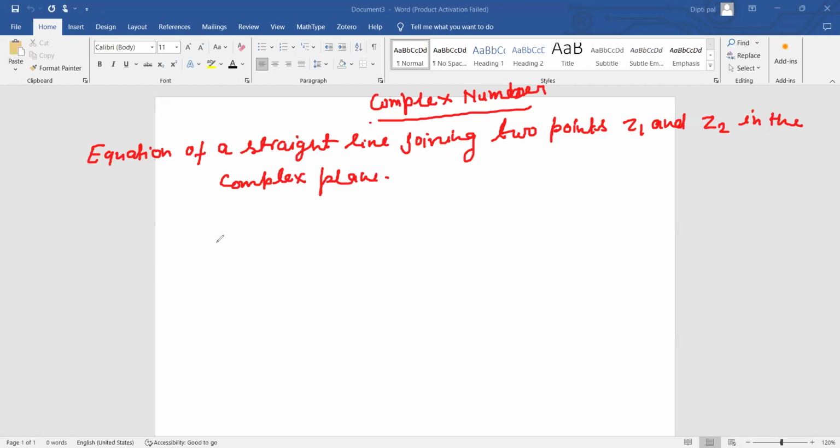So the equation of a straight line in a complex plane is A bar Z plus A Z bar plus C equals 0. If we have a line AB, this is A of Z1, this is B, this is Z2, and this is another point on the line, Z.